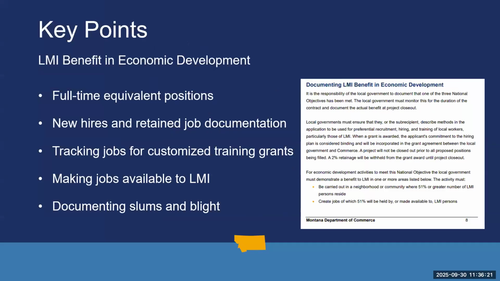Page 10 covers new hires and retained job documentation, while pages 10 through 11 cover tracking jobs for customized training grants. Finally, this section concludes with making jobs available to LMI persons and documenting slums and blight. So these are all the LMI requirements specific to economic development, covered in pages 8 through 12.